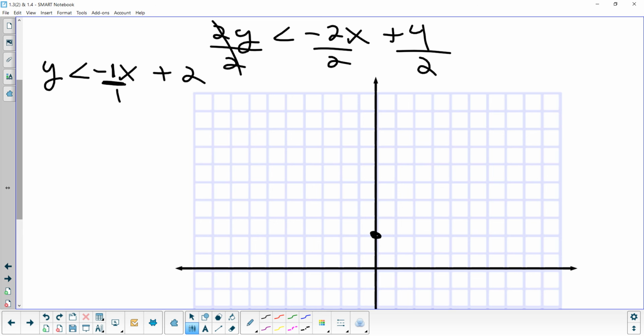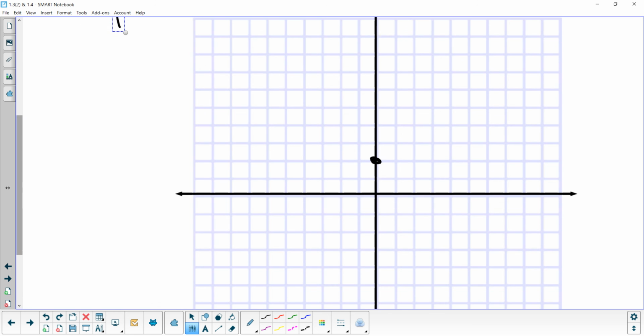And my slope? Down 1, right 1. Top number tells you up or down. The bottom number is always to the right. That's how I remember. Down 1, right 1. You can do that as many times as you want.